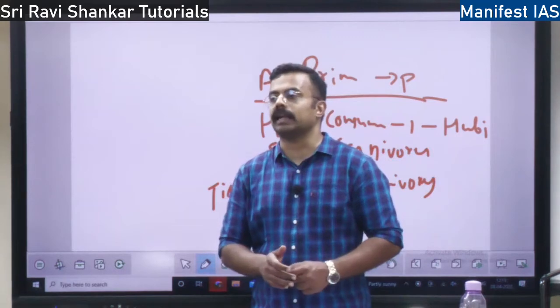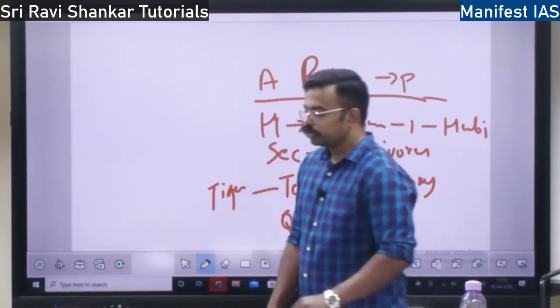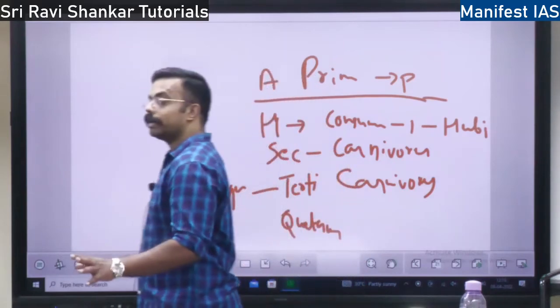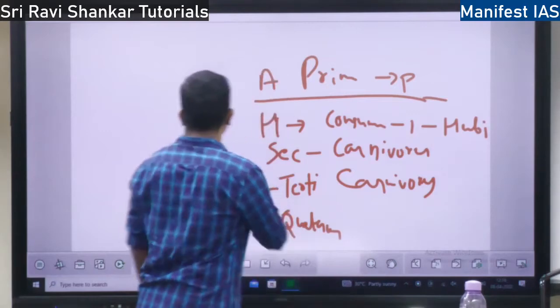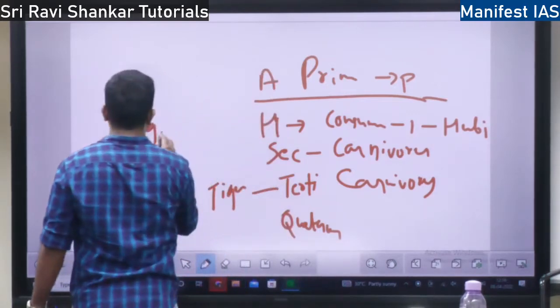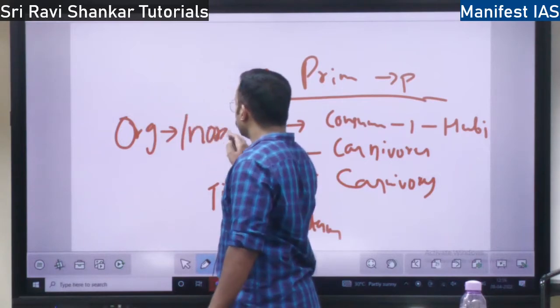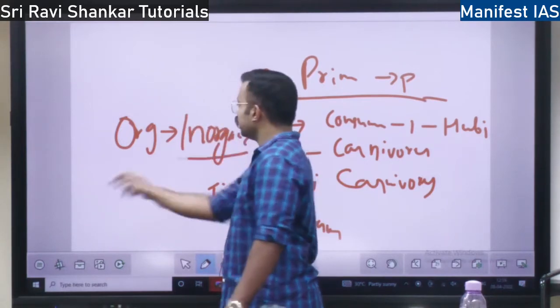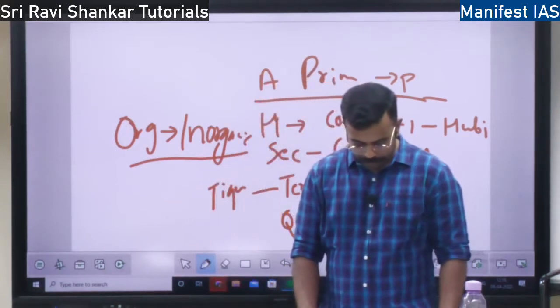Dead organic matter. Dead animals and plants, they are going to decompose. So what do they decompose it to? Organic matter gets decomposed into inorganic matter, right?